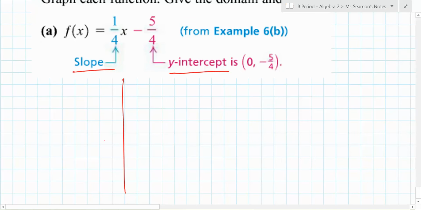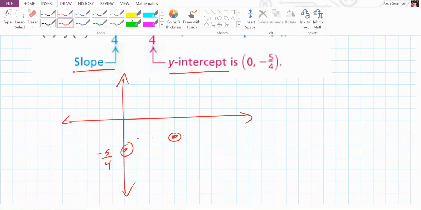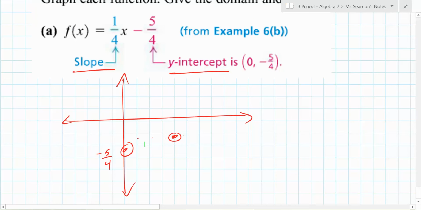So if you start at 0, negative 5 over 4, where do you go once you start at that point? Up 1 and then over 4. Up 1, over 1, 2, 3, 4. There it is. Let's say right about here. What do you do once you have both points? You graph the line. There you go.